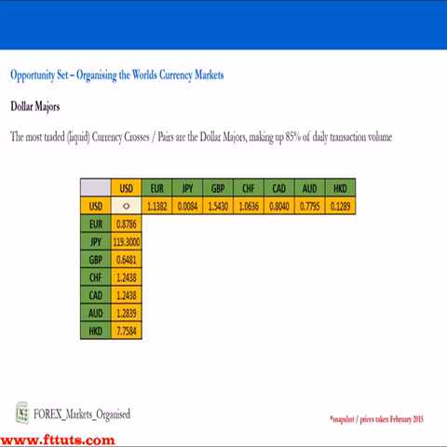And what you're going to see is a table quoted on all media outlets. So whether it's on television, on financial news channels, where you have the ticker dropping across the bottom of the screen, or whether it's online, or in the newspaper, you're going to see a table of cross rates, so currencies that are quoted against the US dollar. So we call these the dollar majors.